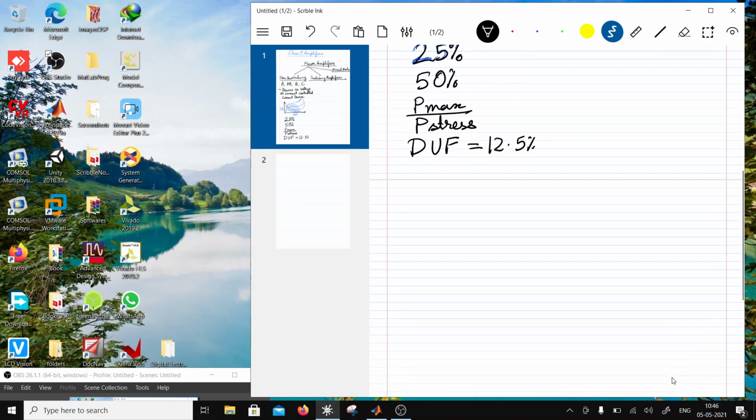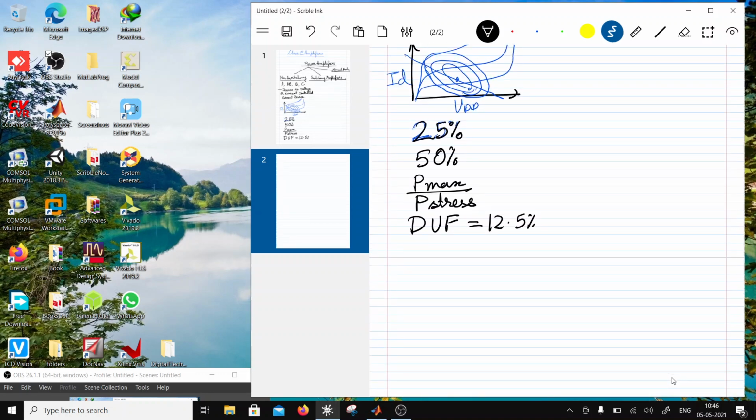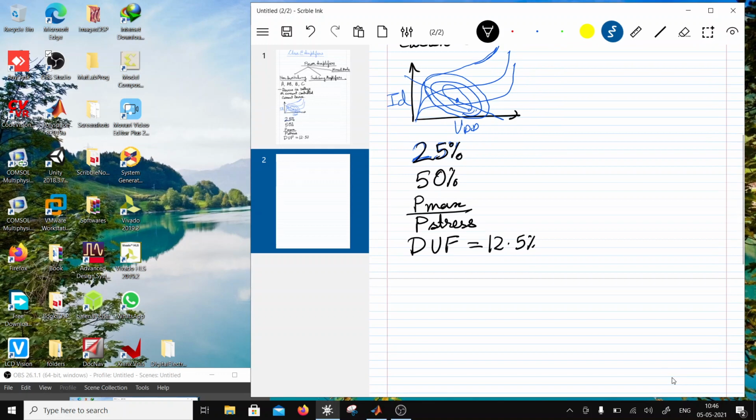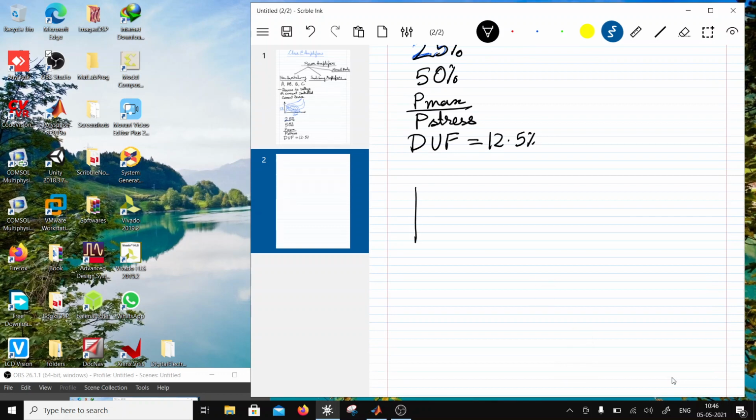So if you choose a high impedance load line, or you lower the quiescent current, what you expect in terms of swing is going to be like this. Let me just draw this. So if you go to class AB, and this is IT, this is VDD, let's say I have chosen a lower point around here.